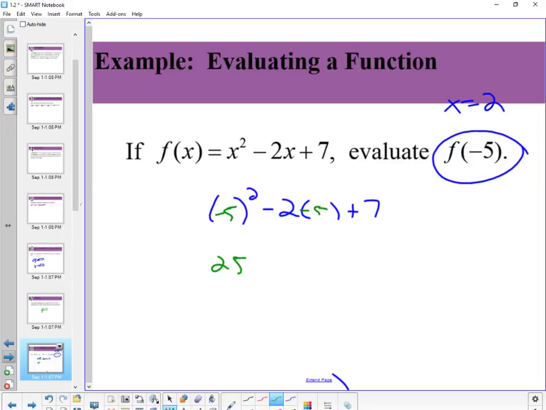So I've got 25 plus 10 plus 7. So I get 42. And of course I should write it as f at -5 is equal to 42 because that is a lot of information. I've got an x value and I have a y value all in one function there. Questions on evaluating these?